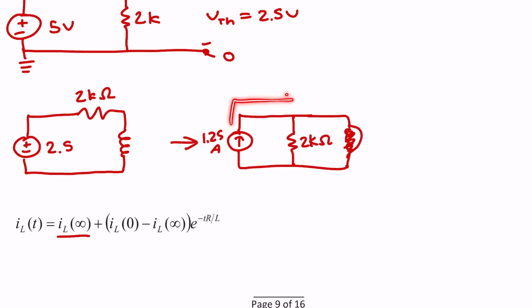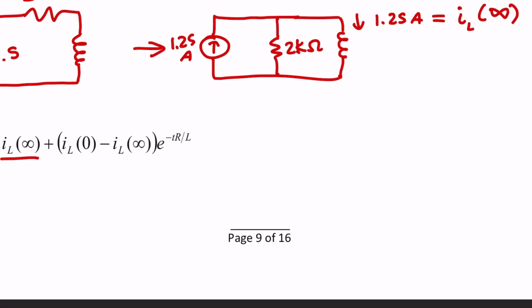There's some resistance here, and there's no resistance here, which means all of the current is going to go this way, which means all of the 1.25 amps is also going to go into the inductor, right? So we can know for sure that this is equal to 1.25 amps, which is equal to our I of L at infinity. Pretty straightforward.